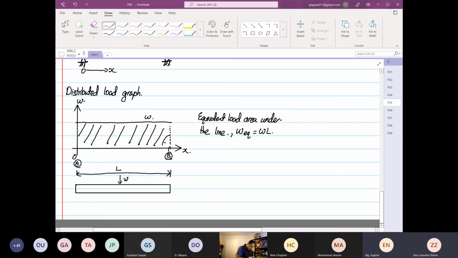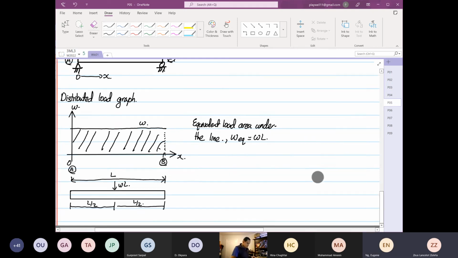This is where our omega L is, and the distance from here to here is L over 2, and from here to here is also L over 2. So this is for our evenly distributed load.